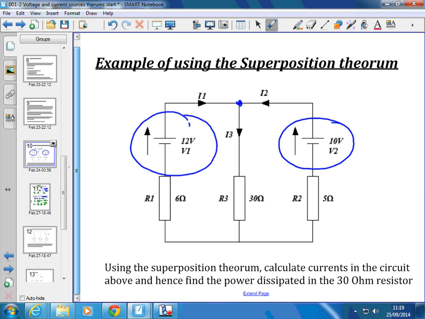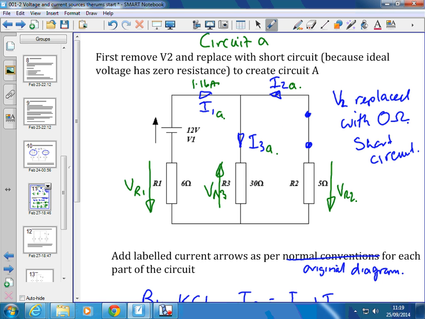Calculate the currents in the circuit above and hence find the power dissipated in the 30 ohm resistor. So ultimately what we're interested in is the power dissipated in here. To do that we need to find I3A. We probably need to find I2A as well. We'll find all the currents, it said.